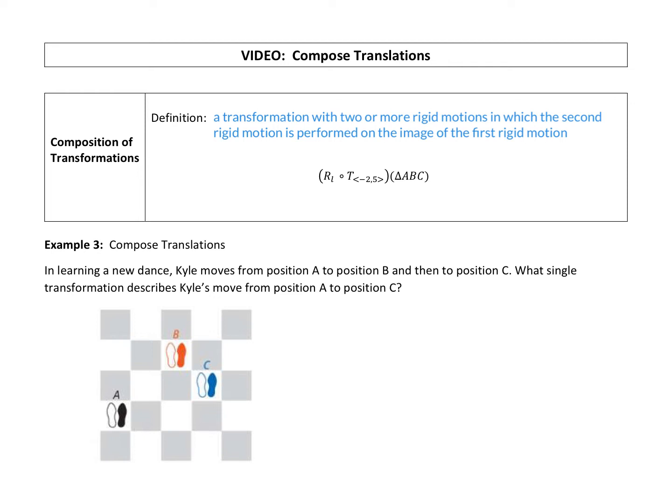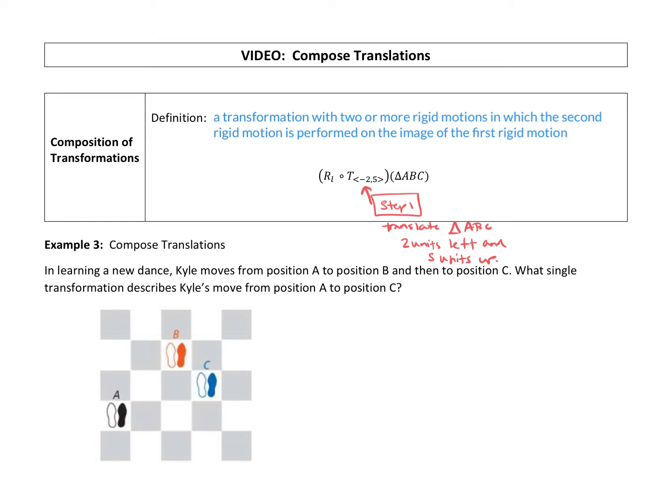So how do we go about making sense of this? Whatever the second transformation is, that's going to be step 1. You're going to do that transformation first. So we're going to translate triangle ABC two units left and 5 units up.